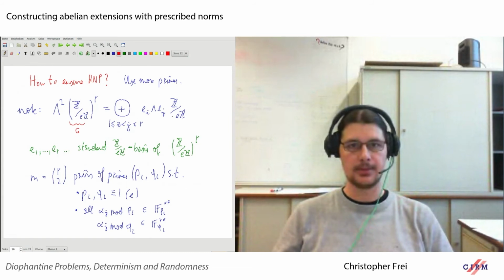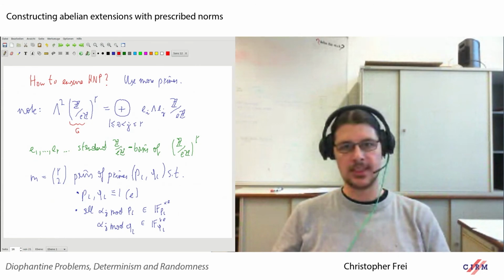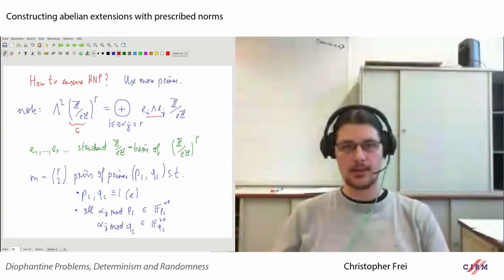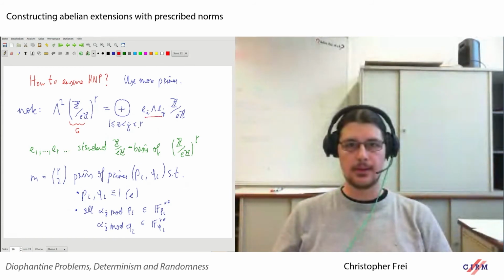So you take e1 up to eR, the standard basis of (Z mod E Z) to the R, and then you wedge any two of them together and take the Z mod E Z module generated by that, and then this gives you the exterior square of (Z mod E Z) to the R. So these here are the bases.